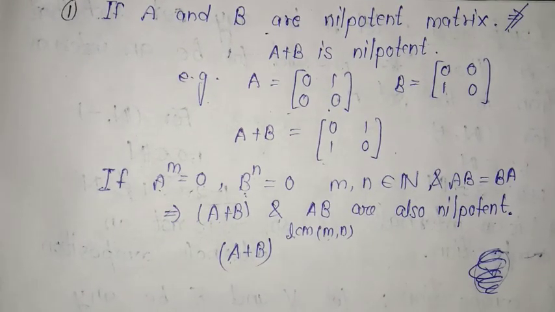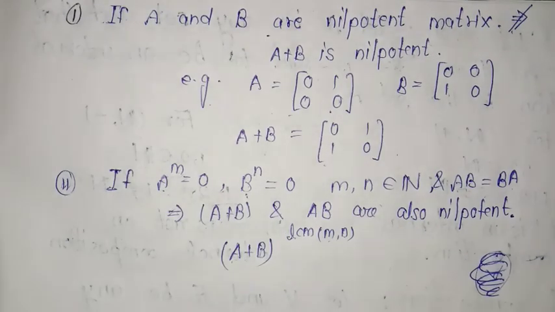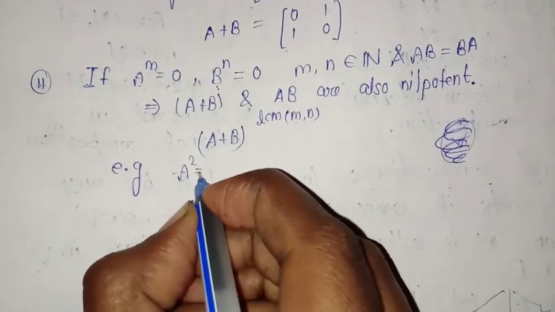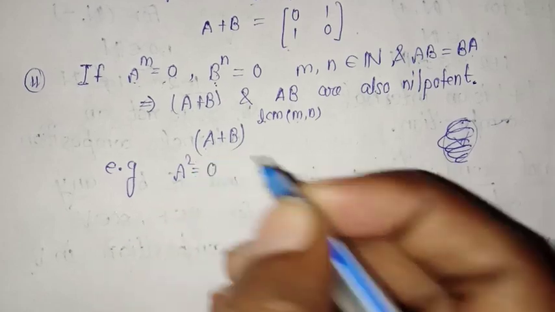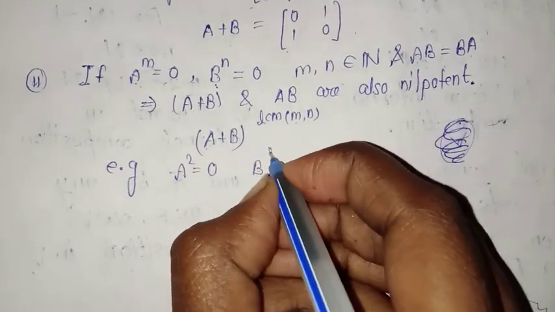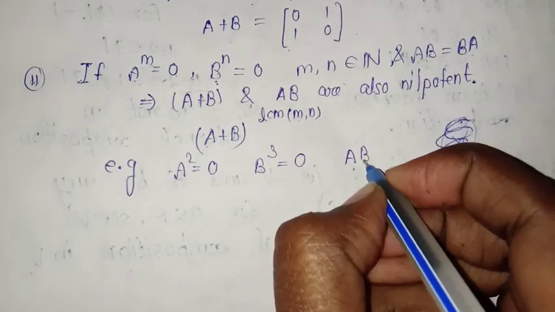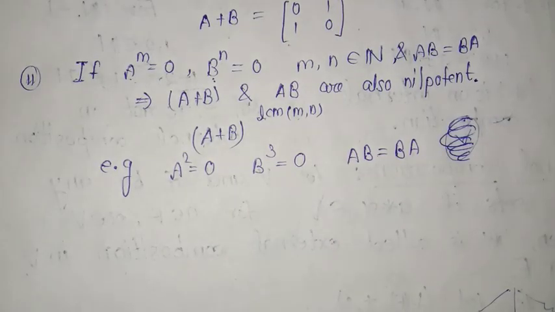For example, if I take one example of this statement, this is our property number two. So the example is as follows: let A squared equal 0, that is, A is a nilpotent matrix of index 2, and B cubed equals 0, and it is also given that AB equals BA. Now what about the index of nilpotency of A plus B?